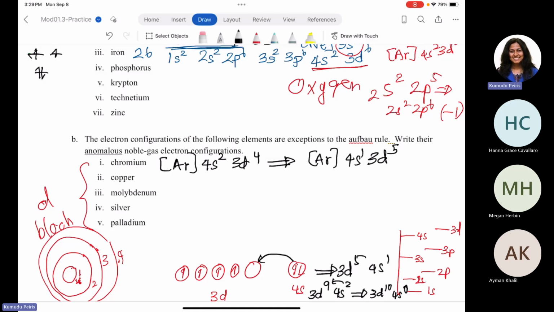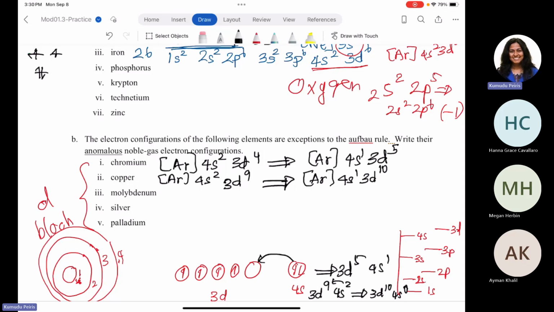Again, with copper, it will have the noble gas configuration argon 4s2 3d9, that will also rearrange. It will take just one electron from the 4s and arrange into the very stable 3d10 configuration.